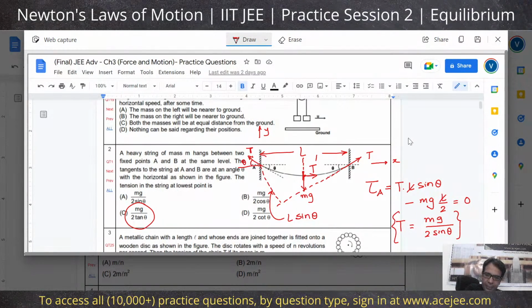So T cos theta is T dash. Okay. Shall we, beta? Clear?